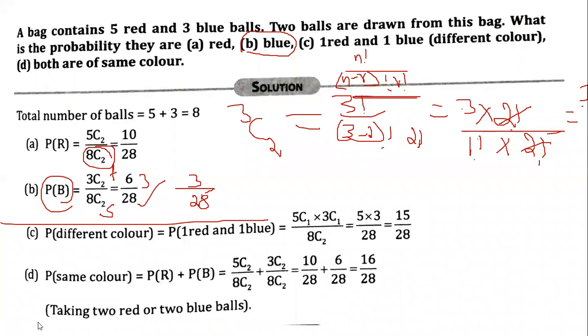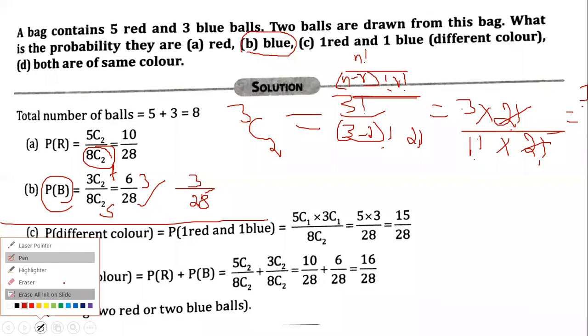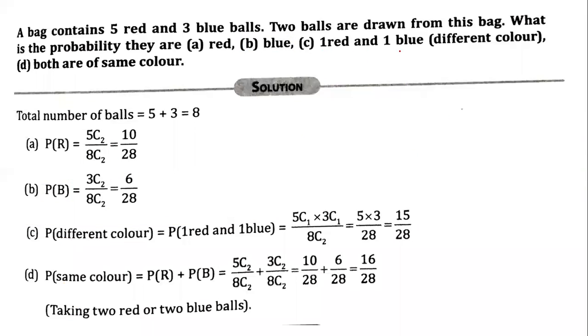Okay. Now moving further is one red and one blue ball. From a bag of 8 balls that is there, we are selecting 2 balls. Now these 2 balls will be one red ball and one blue ball, which means both are different color balls.